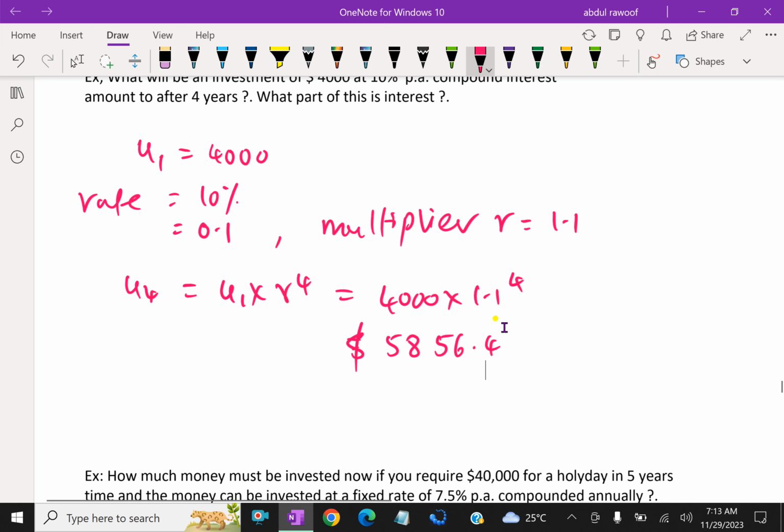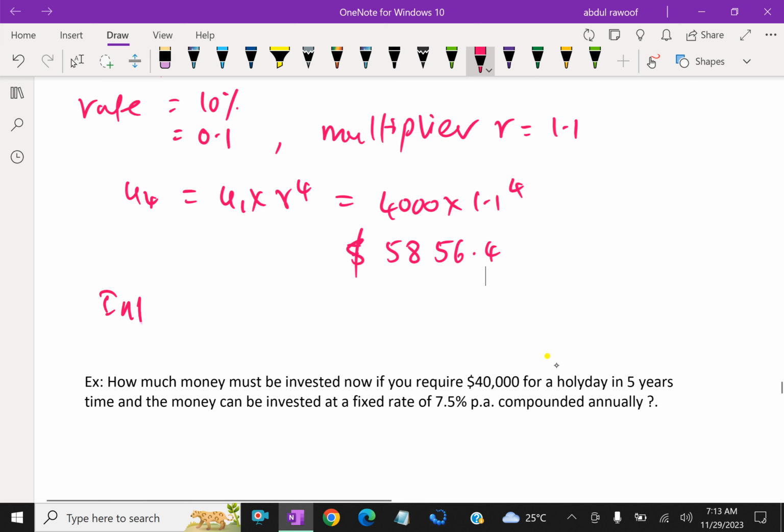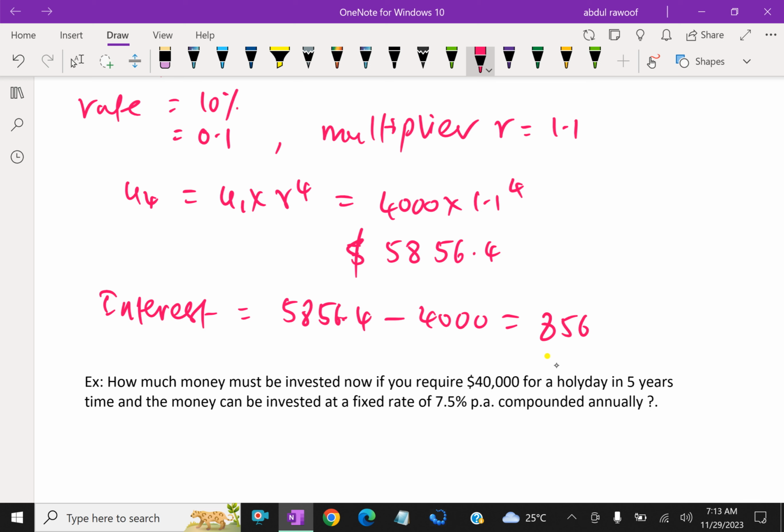Now, what part of this is interest? The interest you earned after 4 years is the final amount, 5,856.4, minus the 4,000 you invested, which equals $1,856.4.